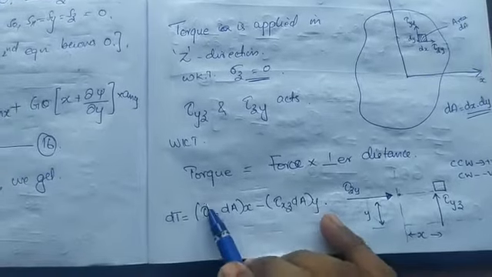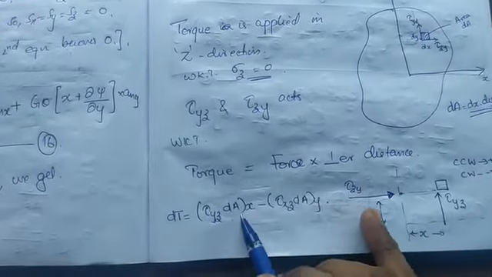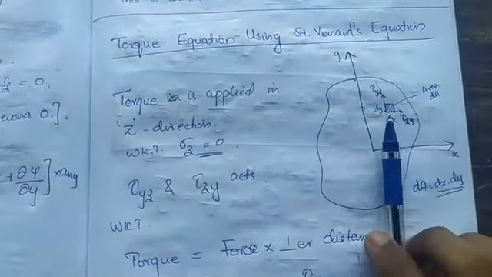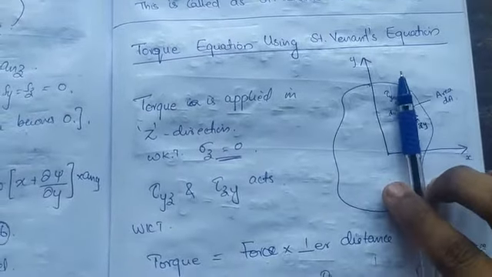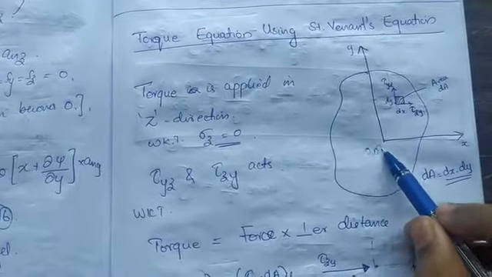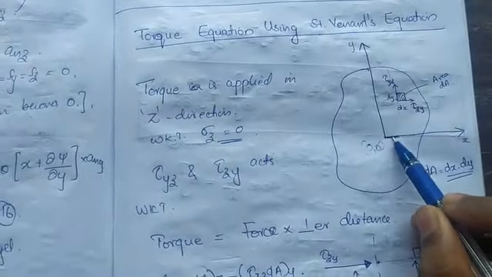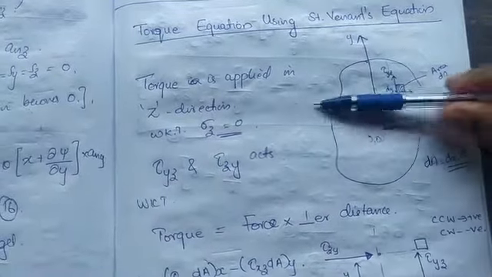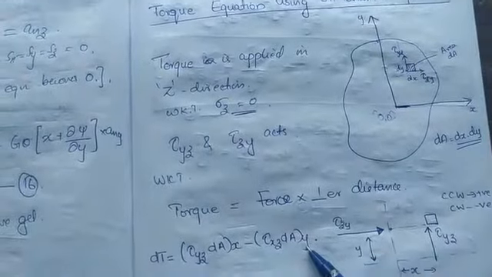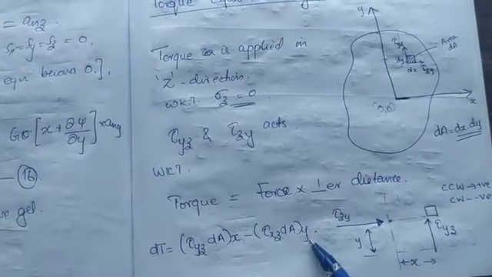This is the force: shear stress into area, into the perpendicular distance. Tau yz acts in this direction, and this distance is x, and for tau zx this distance is y. That's how this came, right?